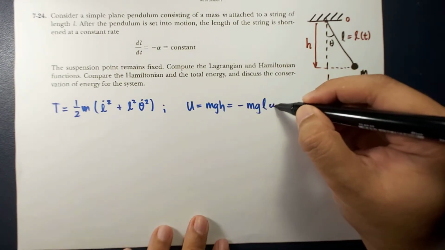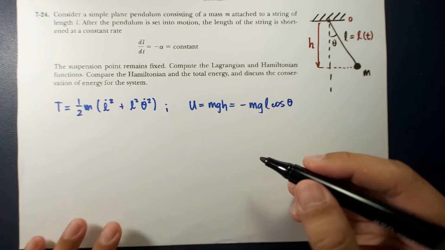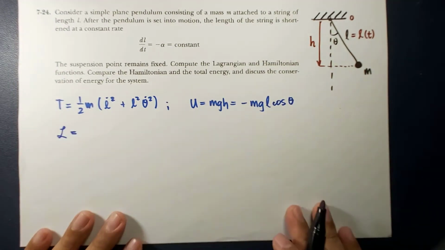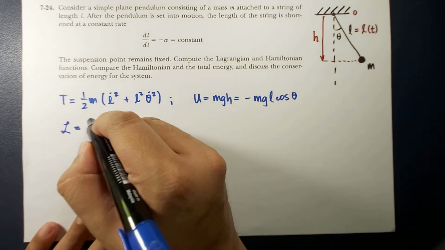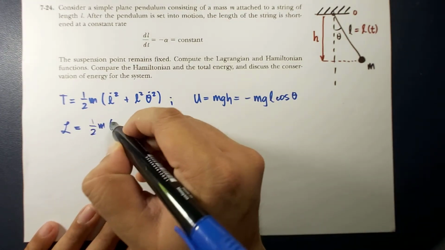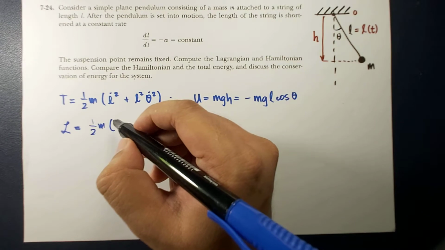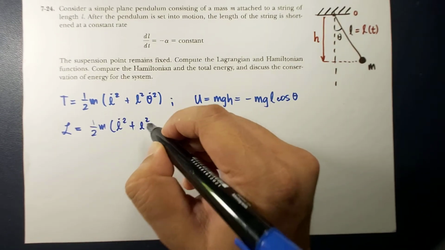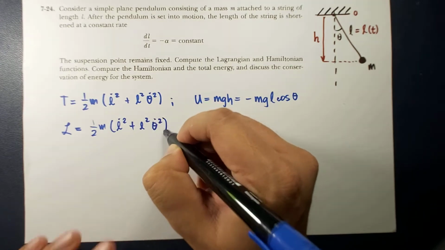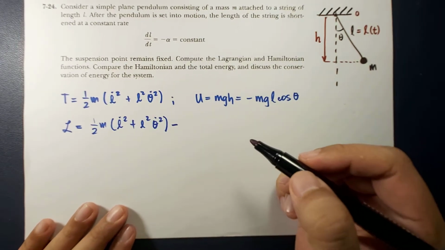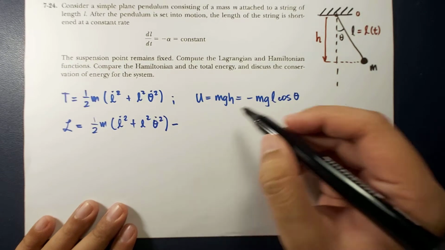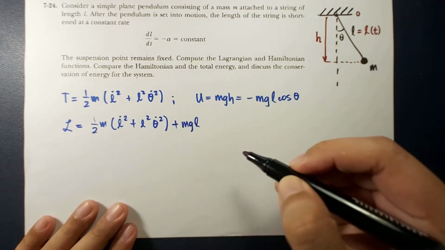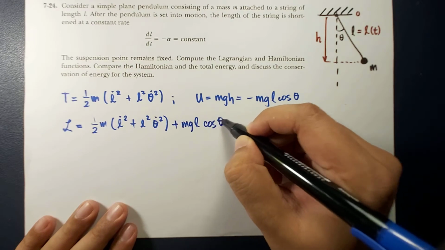Therefore, we can write the Lagrangian as 1/2 m (L dot squared plus L squared theta dot squared) plus mgL cosine theta.